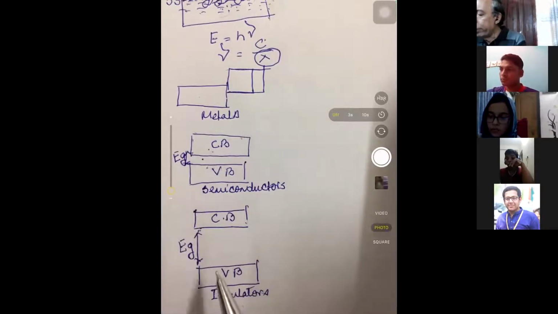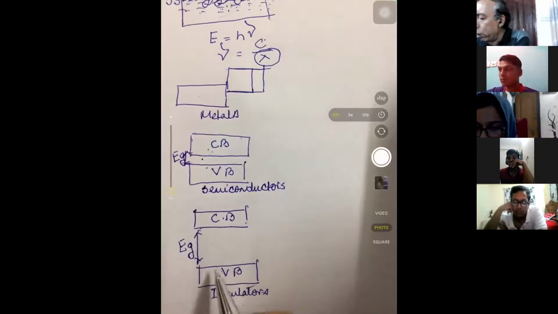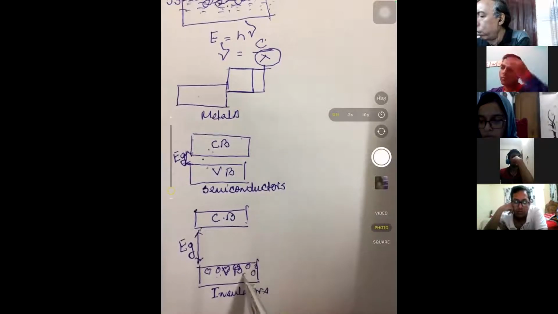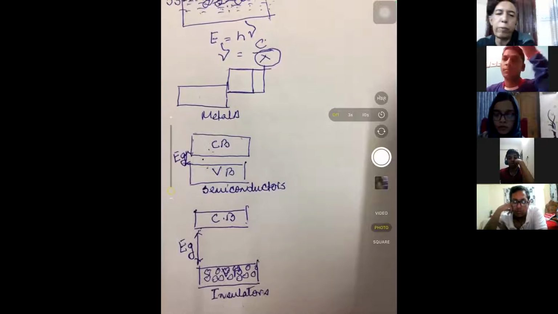So if we consider the insulators, let us suppose first we consider the insulators. Here, valence band means there are electrons in the valence bands.